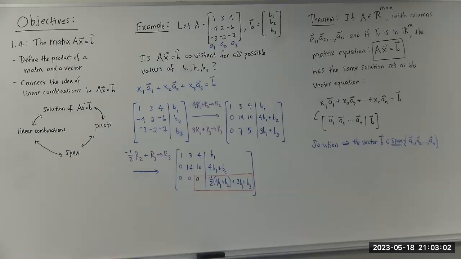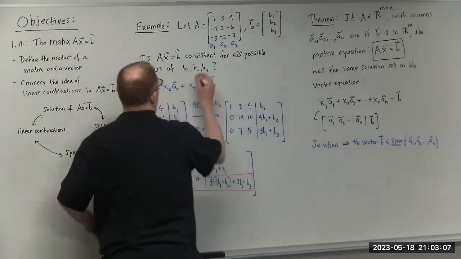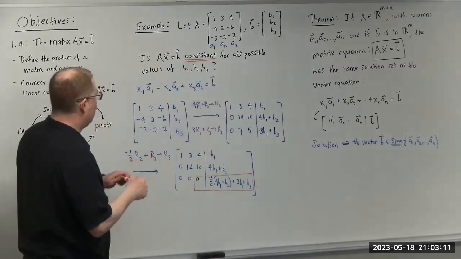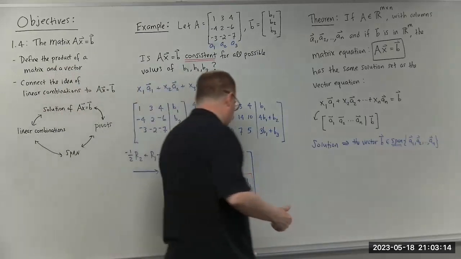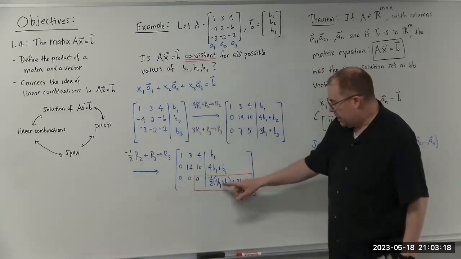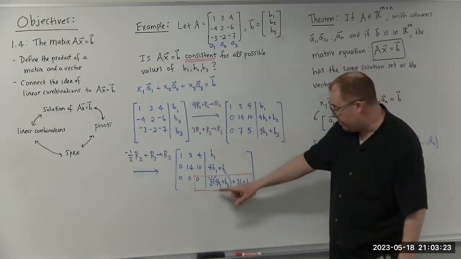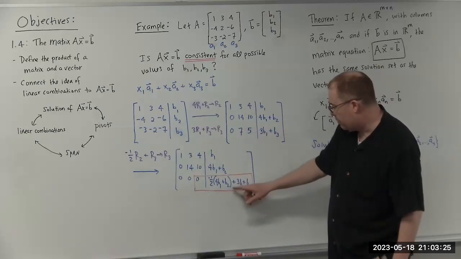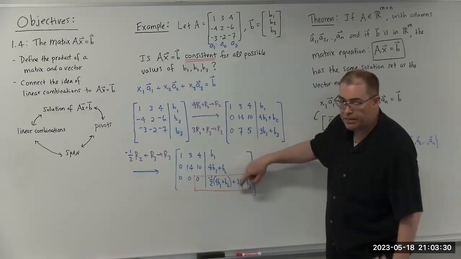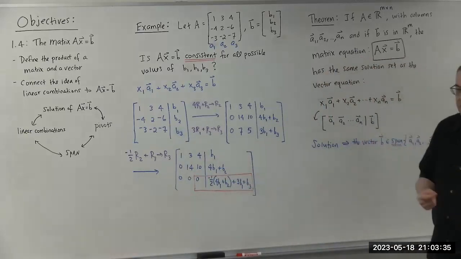Remember that we're interested in seeing, is this system consistent for all possible values of B1, B2, and B3? Now look here. If there exist values B1, B2, and B3 such that if you plug in here, you will get 0, then this system is consistent.